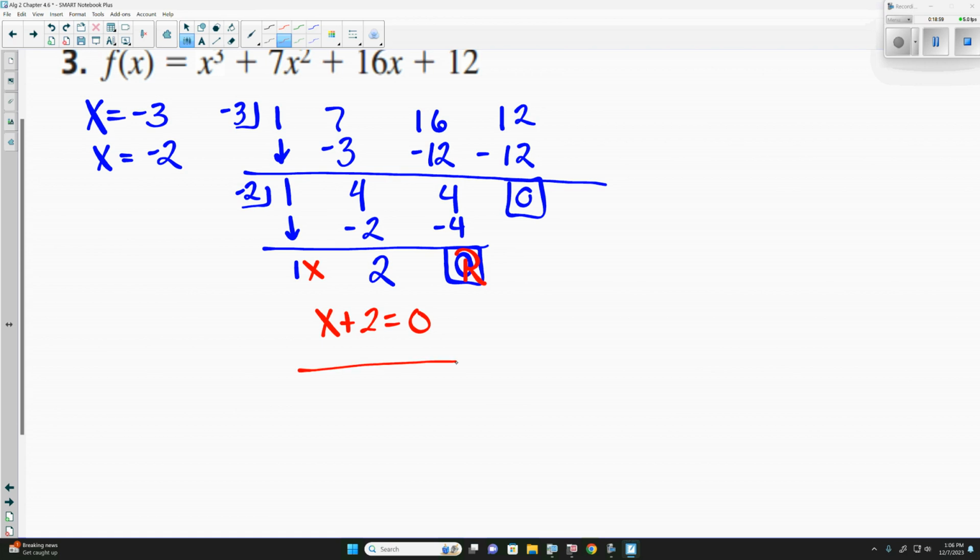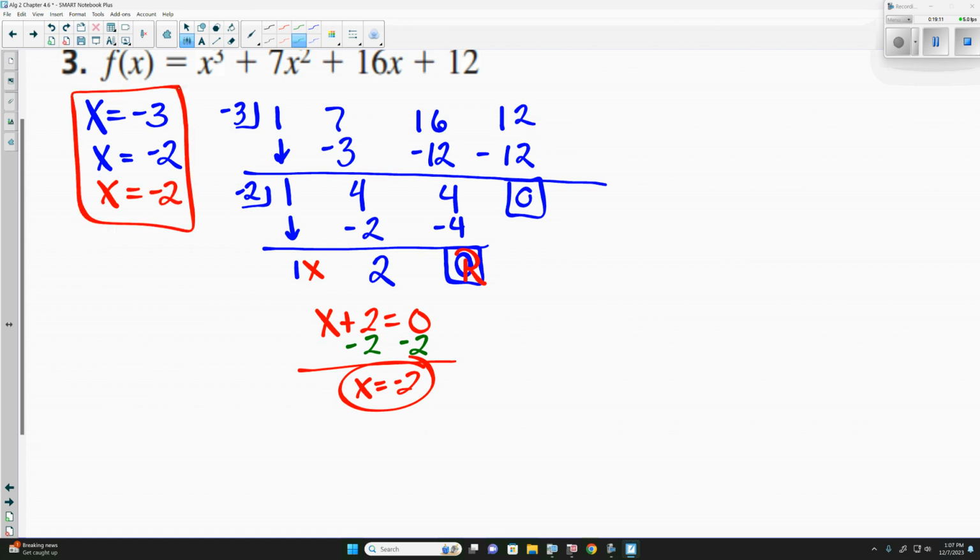Yes, we subtract 2 from both sides to get x by itself, telling us x is -2. So our 3 solutions for this one are -3, -2, and -2. So it does work out that -2 was repeated, and we're able to verify it with this.